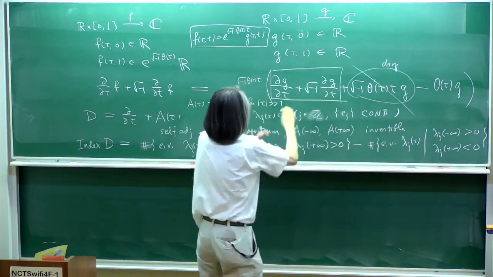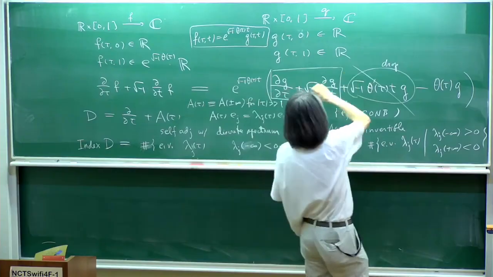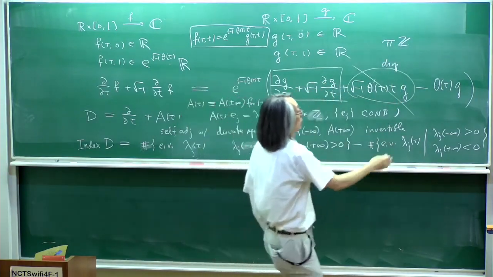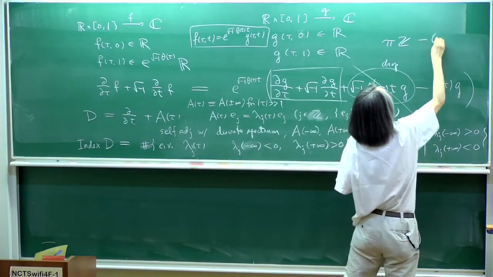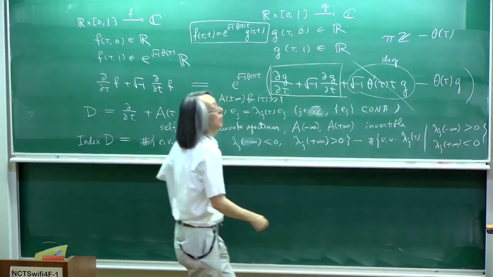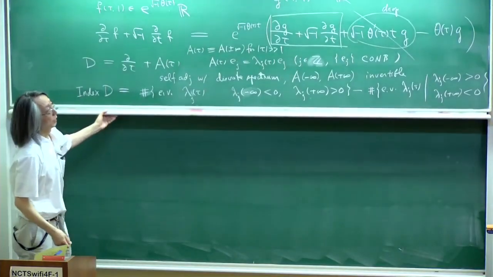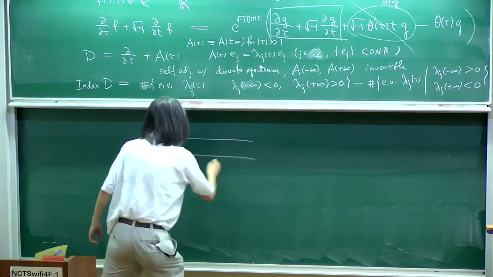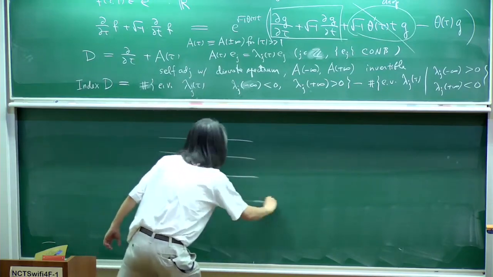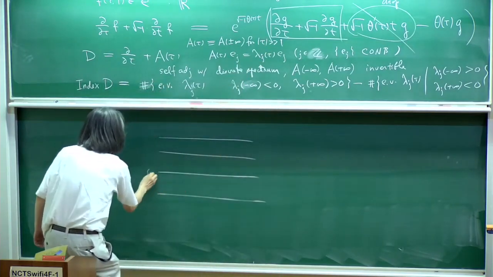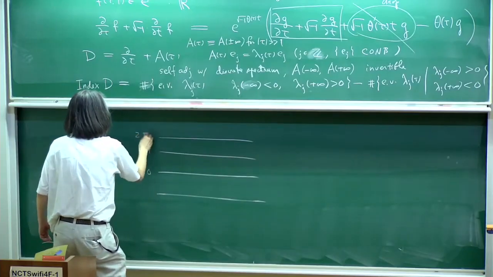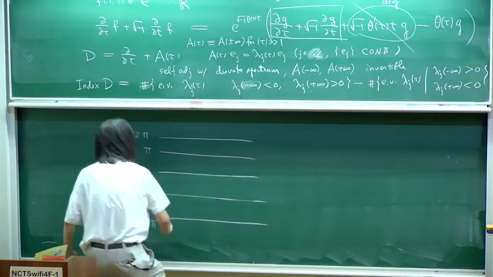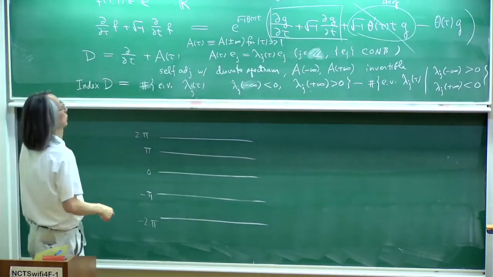And then the spectrum is something like, here I have maybe pi Z. This is the spectrum of this operator. Here I just write the eigenvalues of this operator, like 0 and pi and 2 pi and minus pi and so on. And then just draw the function theta.